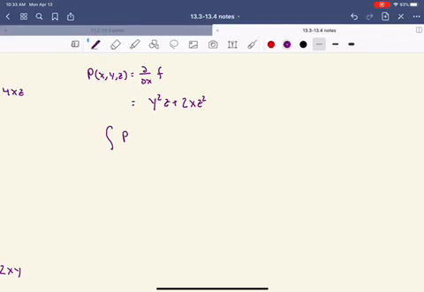So we're going to take the antiderivative of p with respect to x. That's going to be y squared z, plus, I don't know why I'm doing y squared z, there should be an x there, y squared zx plus, now here we're integrating with respect to x. So the integral of 2x is x squared. So we're going to have x squared z squared.